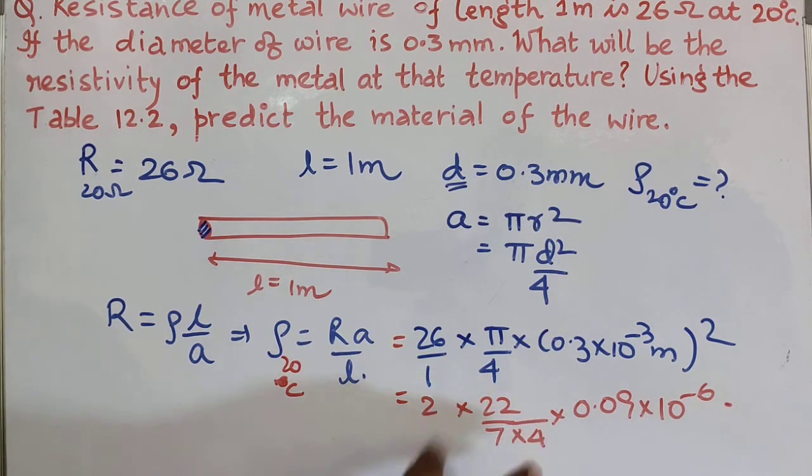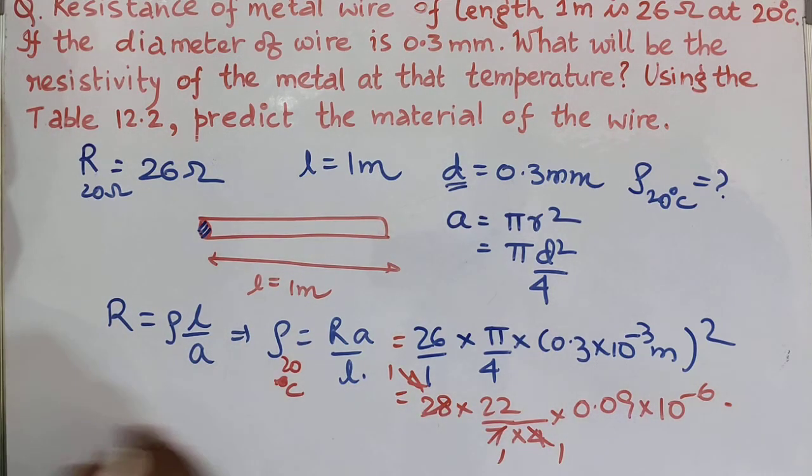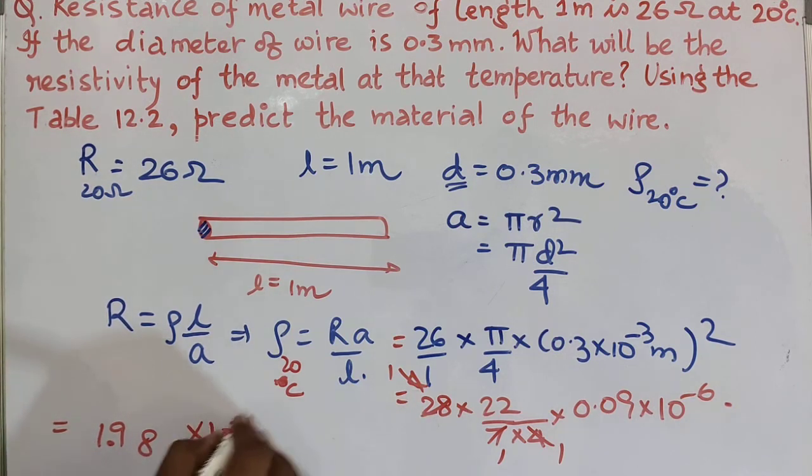I don't have a calculator now, so I'll just make 26 ohms as 28 so that my calculations will be easy. 22 into 0.9 after 2 digits, 1.98 into 10 power minus 6.